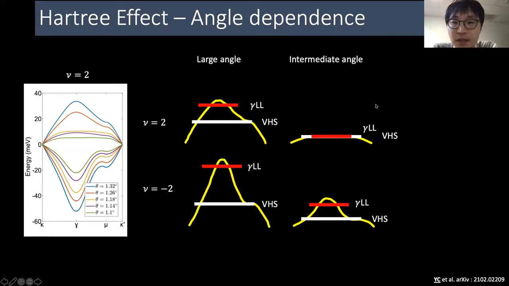And at +2, the band becomes very, very flat, and the gamma Landau level merges with the band of singularity. However, at -2, the conduction band is not flat, and the gamma Landau level is still not merged with the band of singularity. We need a smaller angle to make them merge. So depending on the doping, the angle where the gamma Landau level and Van Hove singularity merge changes.